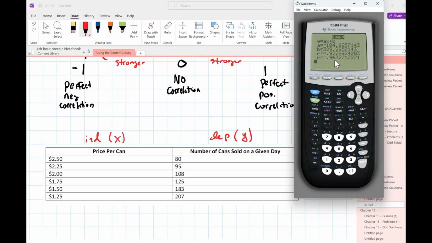What kind of correlation is that? Is it strong or weak? It's very close to negative 1, correct? So this is strong negative correlation, which is what we observed from the picture as well, right? When we looked at the picture, it looked very much like a line. That line would have had negative slope. That's what we're seeing here from our R value. Is everybody good with that?